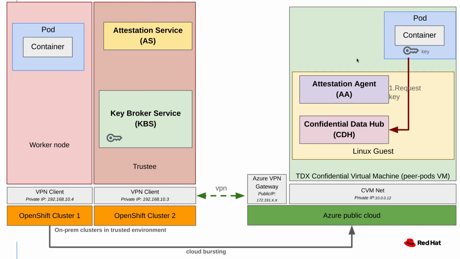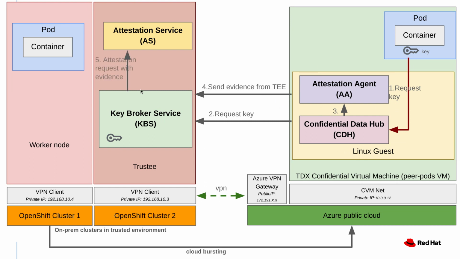The container sends the request for the key to the confidential data hub, CDH, and then the CDH requests the key from the KBS. However, the KBS will only release this key after it gets the attestation token. So next, the attestation agent will send the evidence from the TEE to the KBS, and the KBS will send the attestation request with evidence to the attestation service.